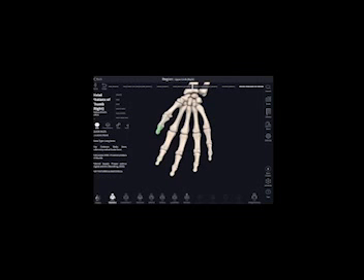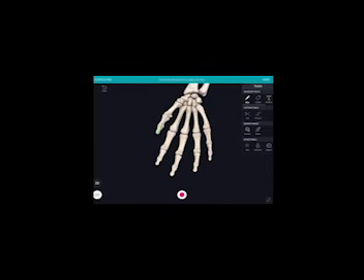The joint names are similar to the foot as well. From distally, here we have the DIP joint, then the PIP joint, then the metacarpophalangeal joint, so MCP joint, and here the carpometacarpal joint. That's the structure I want to introduce.